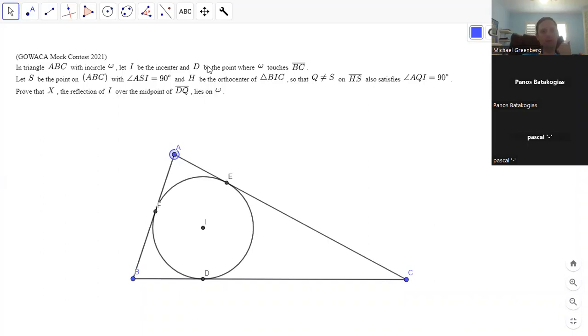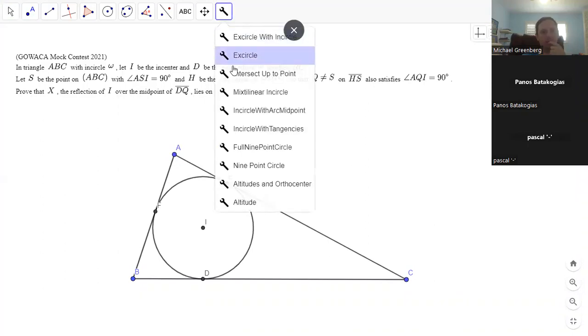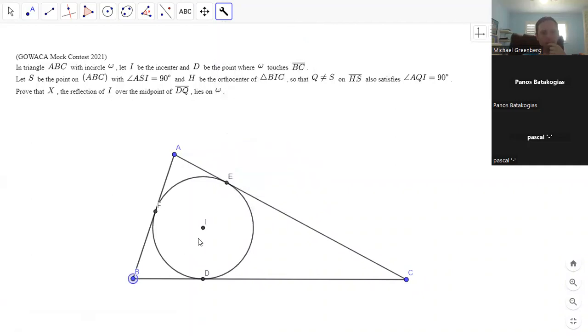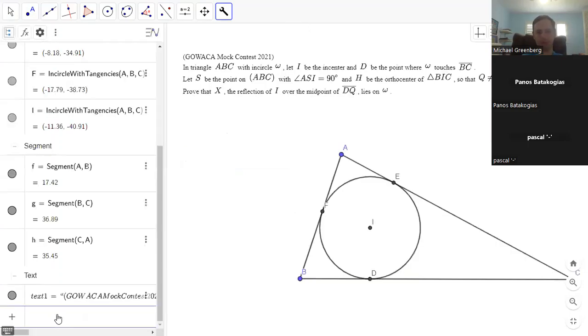So for the time being, see what that looks like. That didn't work. Okay, so let's just do it this way. But yeah, I have a feeling this problem won't be that hard.